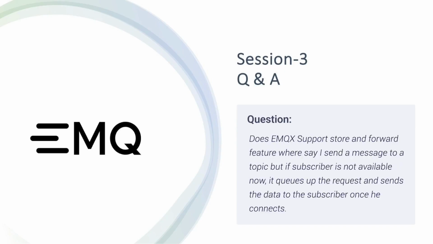Sorry, let me get to the next question. Does EMQX support the store and forward feature? Where say I send a message to a topic, but if the subscriber is not available now, we're working on that kind of store feature. So we are trying to introduce different technology to resolve this issue. At this point, it's already working.